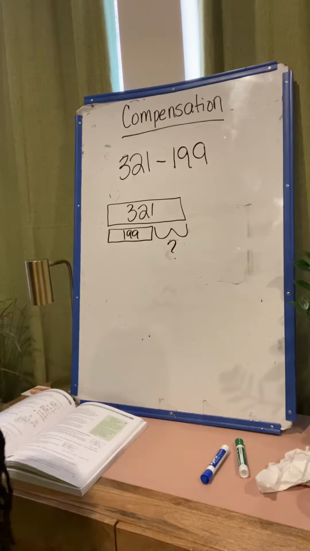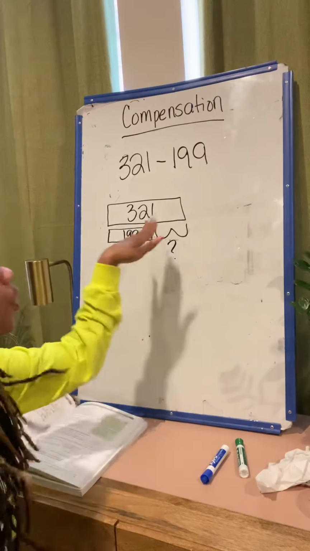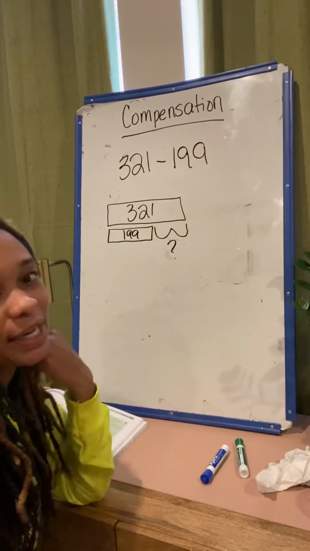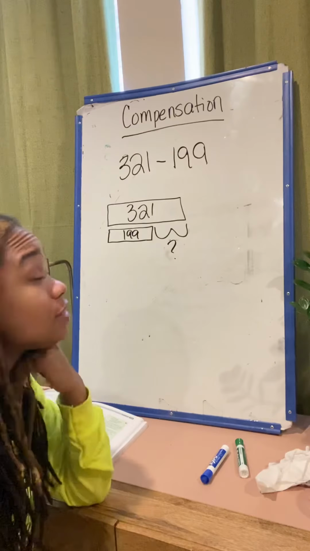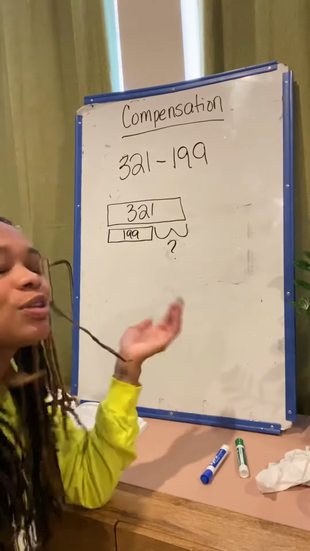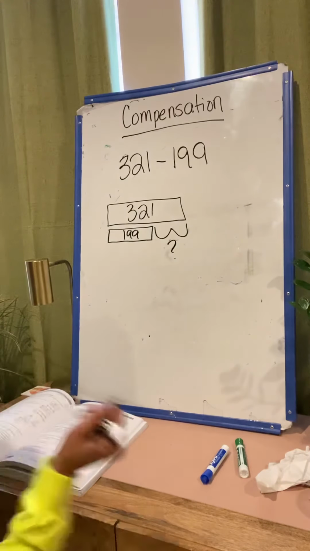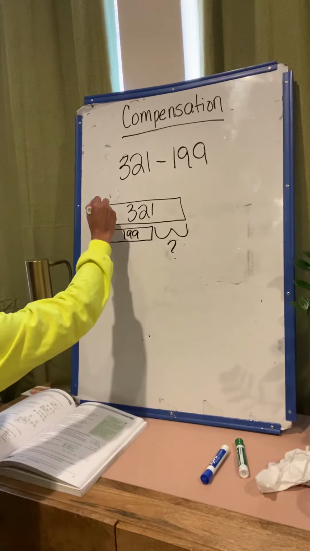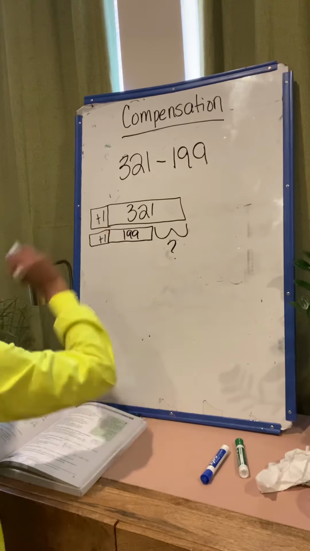We need to figure out which one of these numbers is closest to the next benchmark number. Of course, we're going to go with 199. 199 is close to 200. It's super close. How close is it? You're right. It only needs one more. So that means we only have to add 1 to both numbers to make our new number sentence.